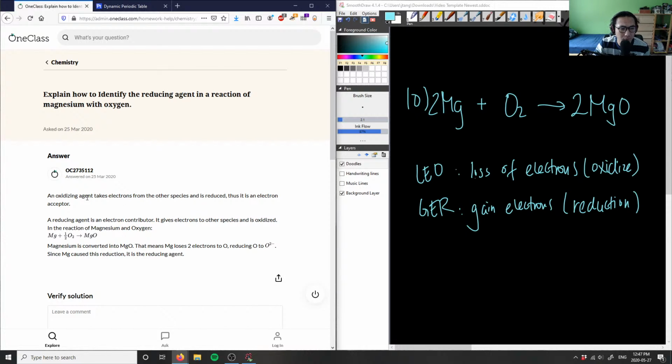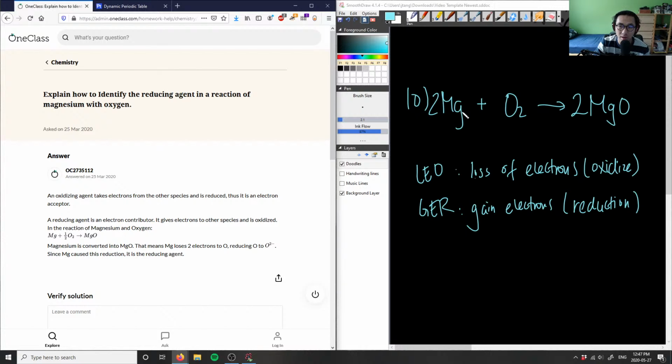So wait, let's see. An oxidizing agent takes electrons, and the other species is reduced. Therefore, it's an electron acceptor, which is good. A reducing agent is an electron contributor, so it gives to other species and is oxidized here. So in this case, magnesium is converted to MgO, right?